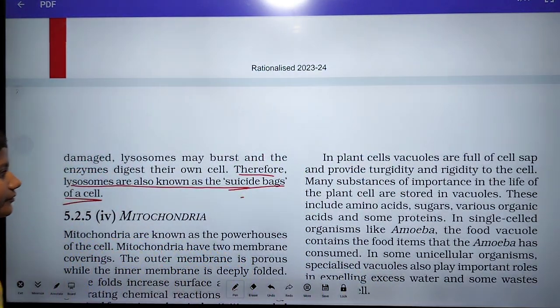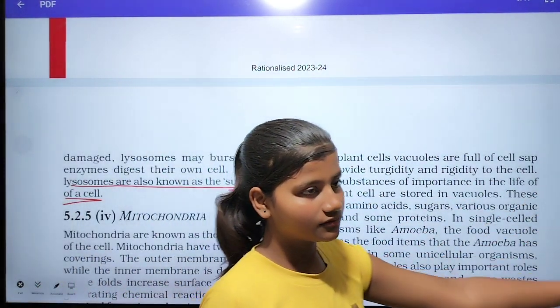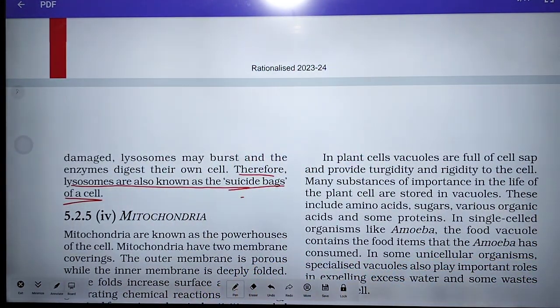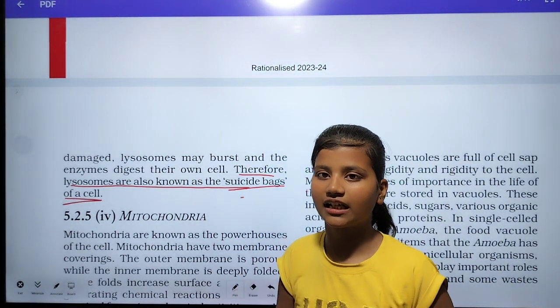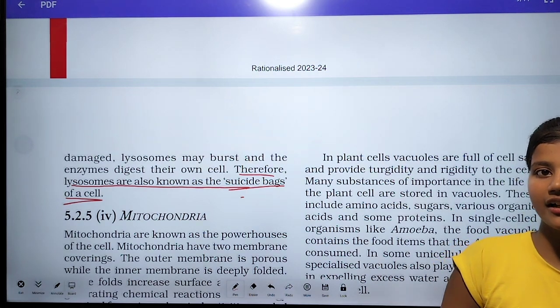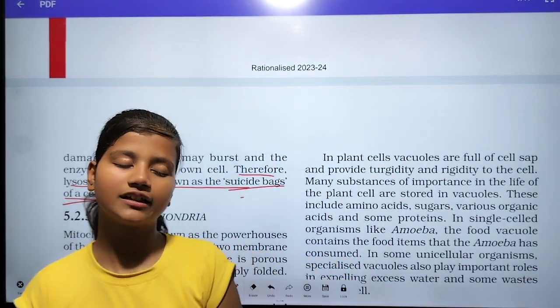Because when the cell is in danger or damaged, the lysosome may burst and the enzymes digest their own cell. That's why the lysosome is also known as the suicide bag of the cell.